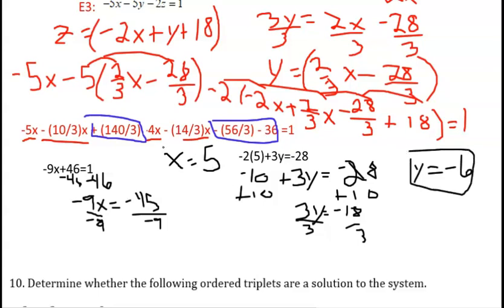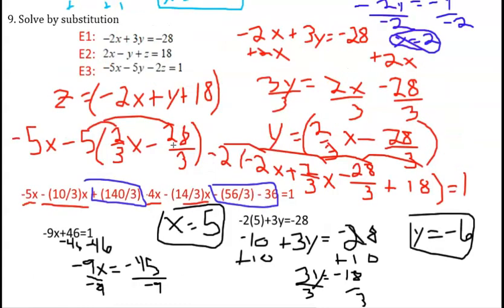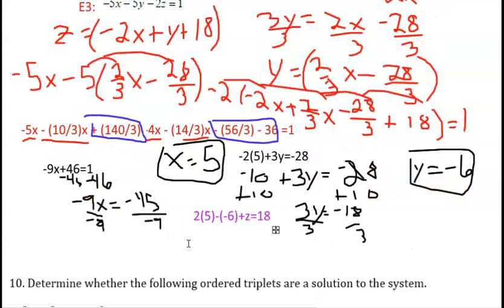You'll just plug in the x and the y into either equation 2 or equation 3 to find z. Let's put in equation 2. So we multiply this out, we get 10 plus 6 plus z equals 18.